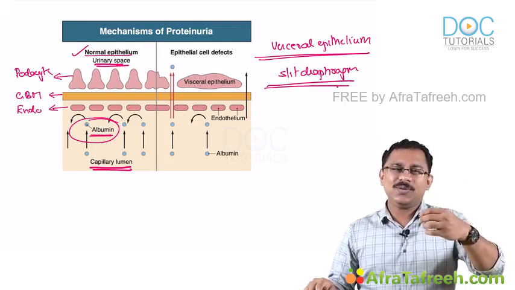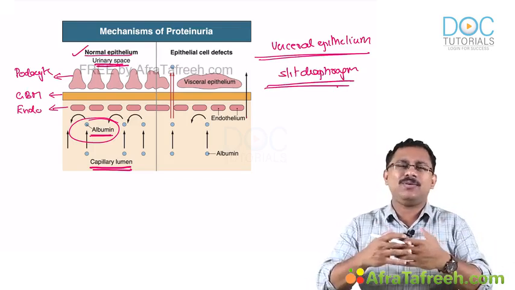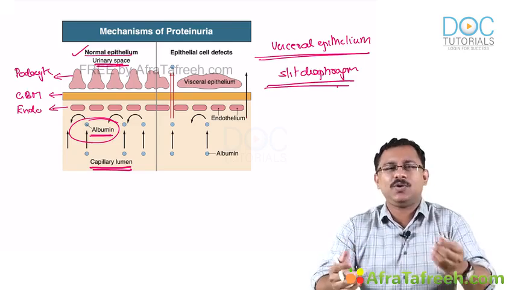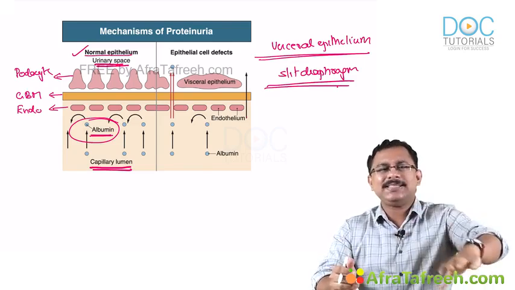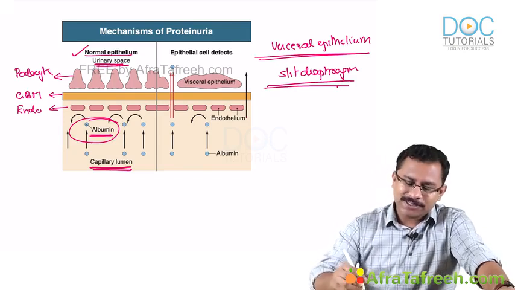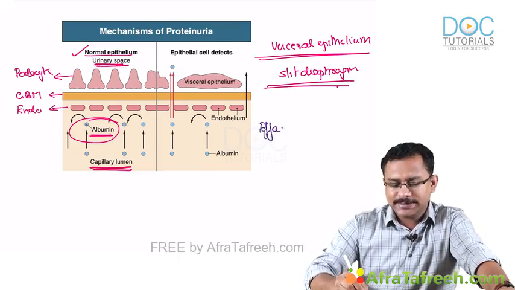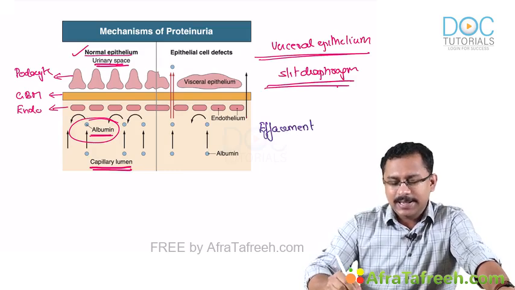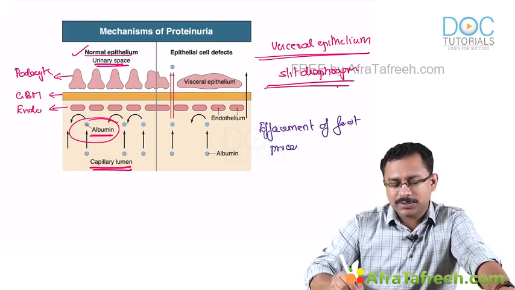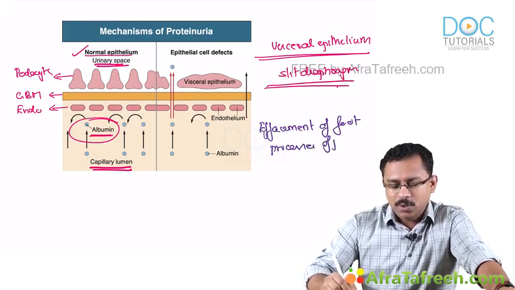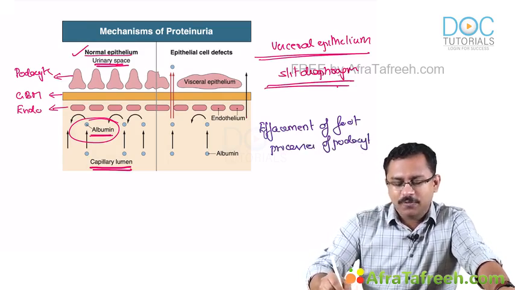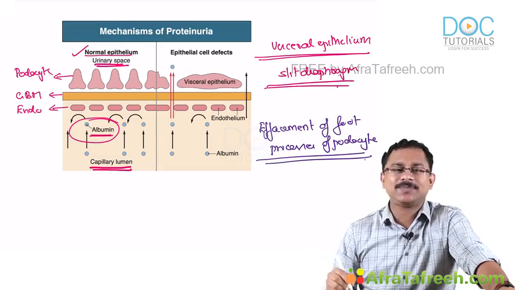The damage can be of various kinds. Either you can have a decrease in the podocyte number, or sometimes you may have an effacement of the foot processes of the podocytes. What do I mean by effacement of foot processes of podocytes?